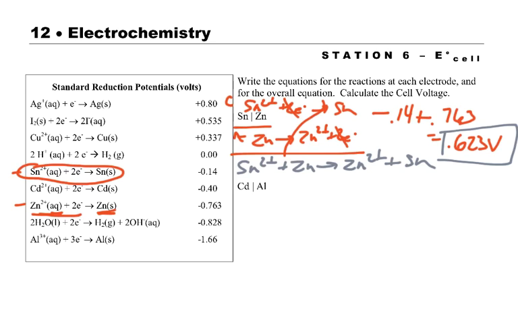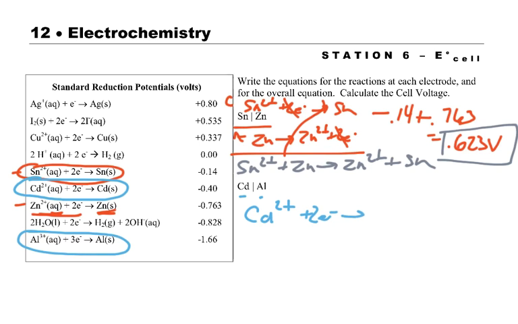Okay, let's try the same thing here with cadmium and aluminum. So there's aluminum, and there's the cadmium. Cadmium is higher up, so cadmium is going to be written as is: Cd2+ plus 2 electrons becomes Cd neutral, and its voltage is negative 0.40.